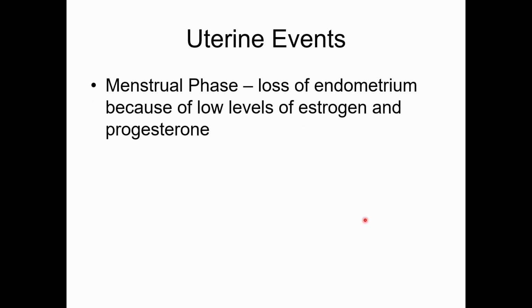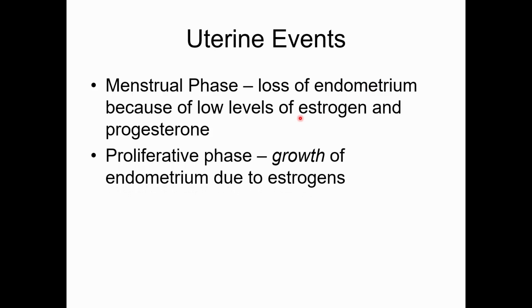So what's happening in the uterus at the same time the ovaries are doing their thing? Well, the first few days are the menstrual phase. Because estrogen and progesterone are low, the endometrium is not supported and it sheds. As the follicle grows, the follicle starts to produce estrogen.